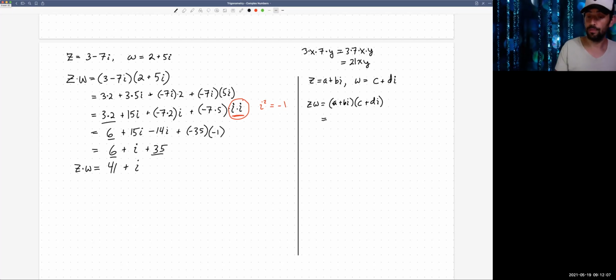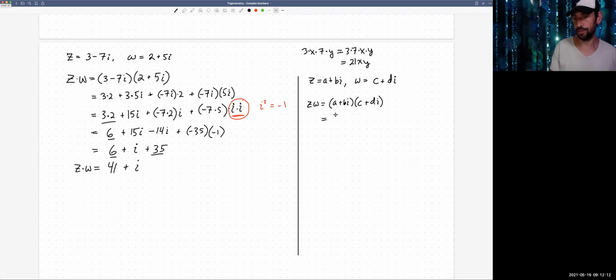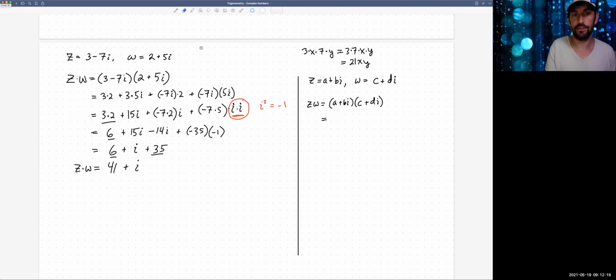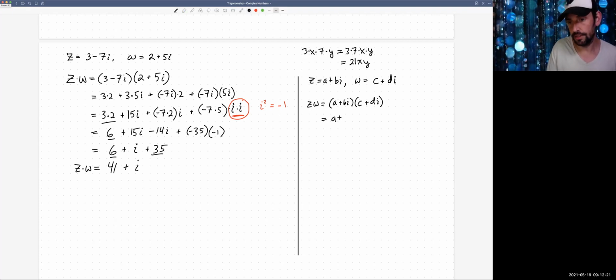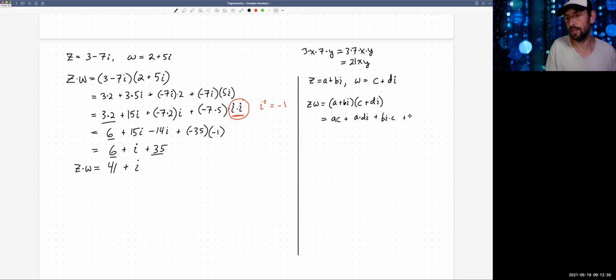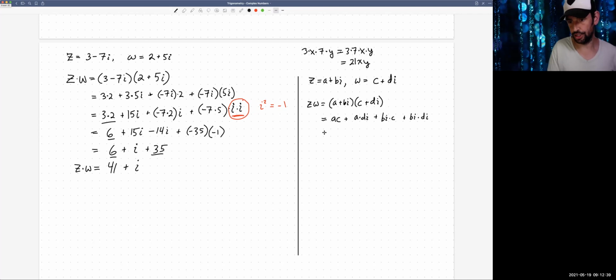So using the distributive property here, we get a times c. That's how multiplication works. a times c plus a times di plus bi times c plus bi times di. Okay? All right, let's do a little bit of arranging.